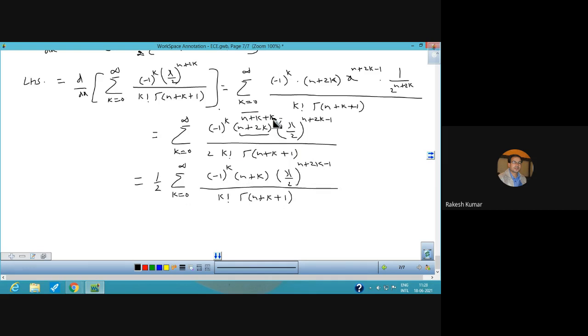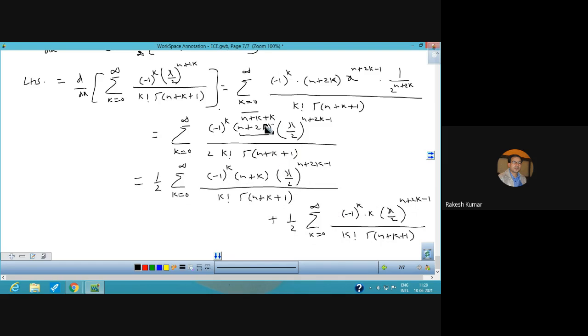Now, the remaining term will be written for k, so that will be plus 1/2 summation k is 0 to infinity (-1)^k. Here you will write simply k, together with (x/2) raised to power n+2k-1, divided by k factorial gamma(n+k+1).